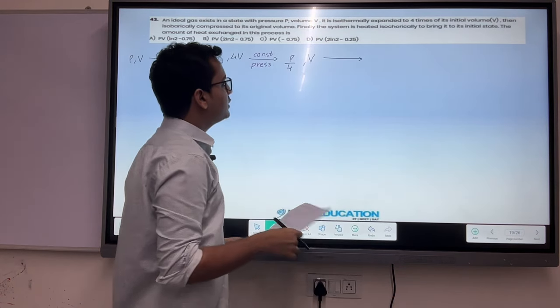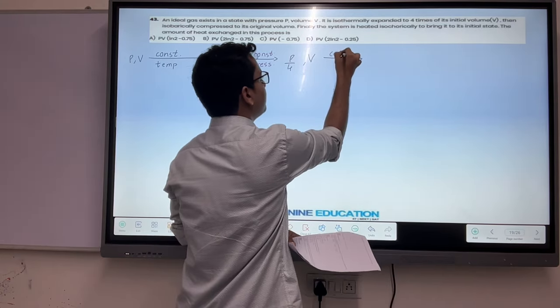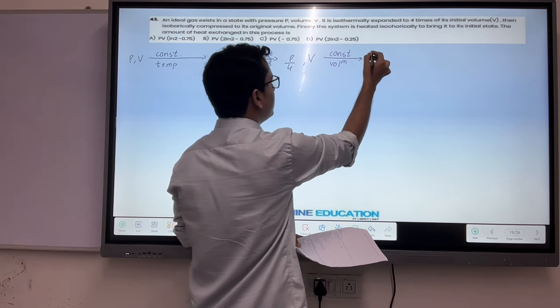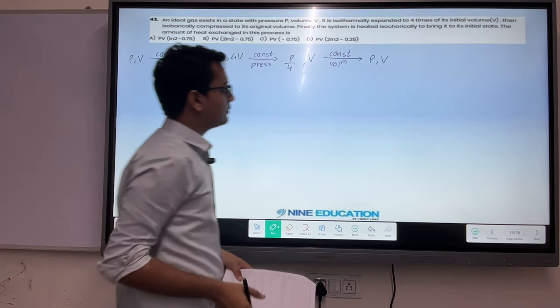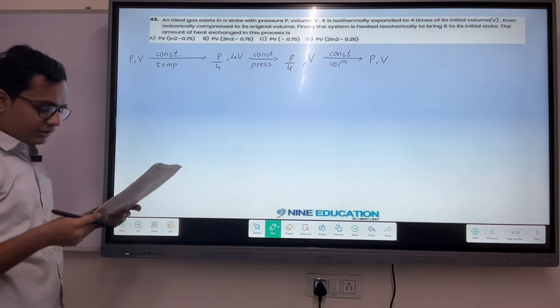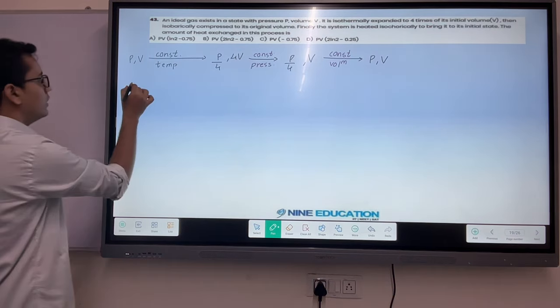Then the system is heated isochorically, that means constant volume. It is heated isochorically to the initial state, P comma V. Clear? And they asked you to find the amount of heat exchange in this process.